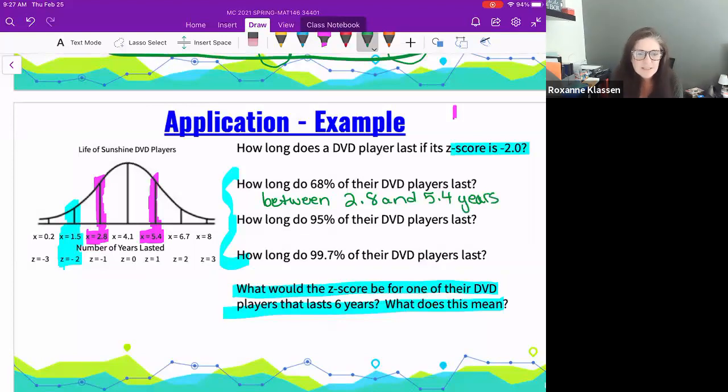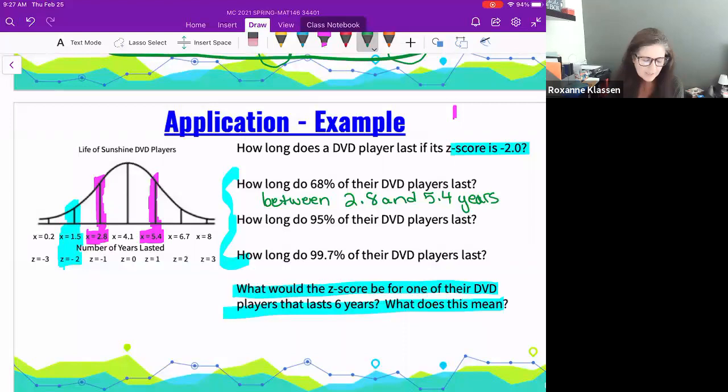Does that make sense? That's what it's saying. So if you buy a Sunshine DVD player, you could expect it to last, for most people, over 50% of the people, 68% of the people, almost 3 years, all the way up to 5.5 years. Does that make sense of what it's telling you?